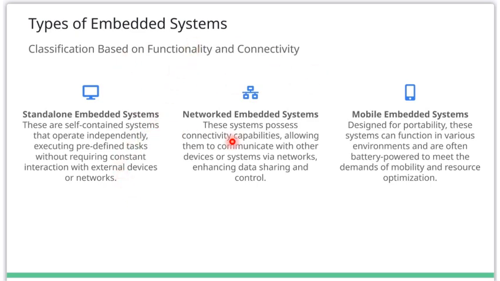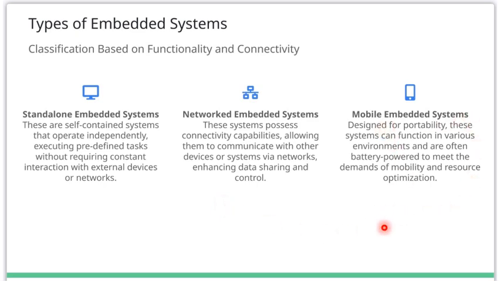Next part, we can differentiate the networked embedded system. Basically, different embedded systems are networked between them. They constantly communicate with each other over the network, and they share data and different control signals among them. Next is the mobile embedded system.